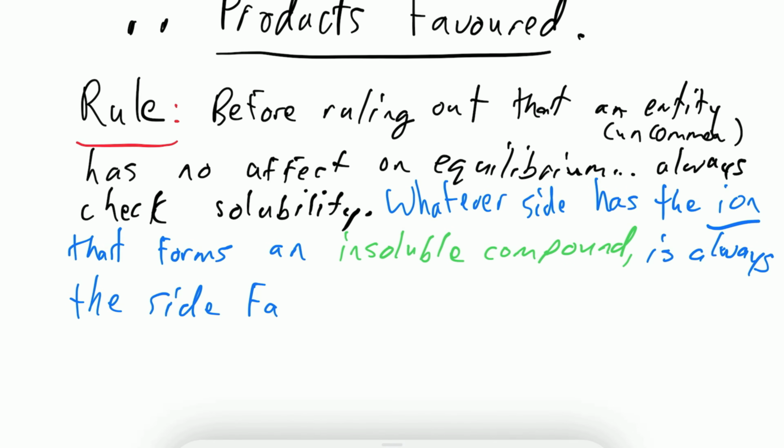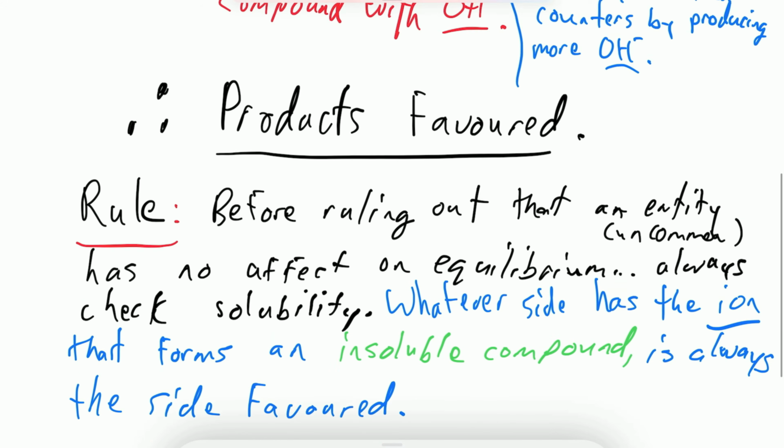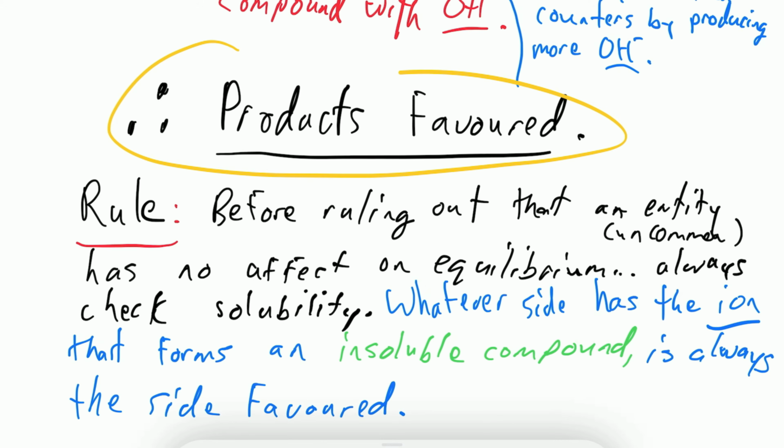And we'll just write favored here. So with reference to the example that we just did, we saw that the ion that formed the insoluble compound was on the product side, and as we see here, the products were favored.